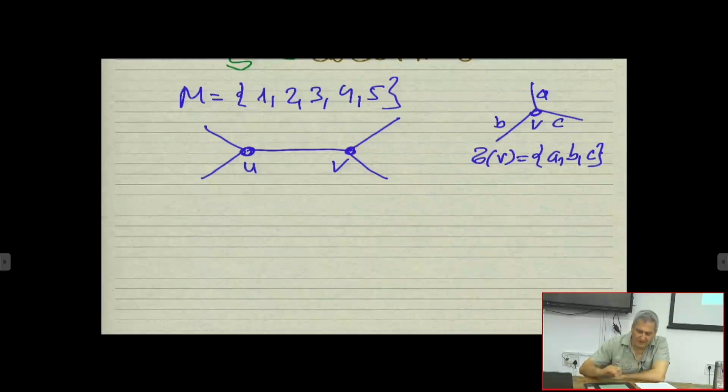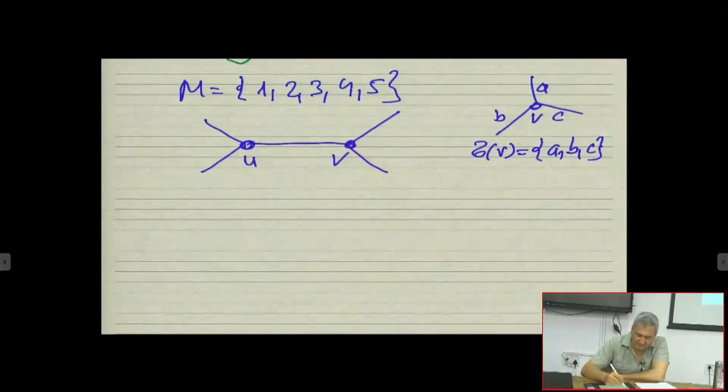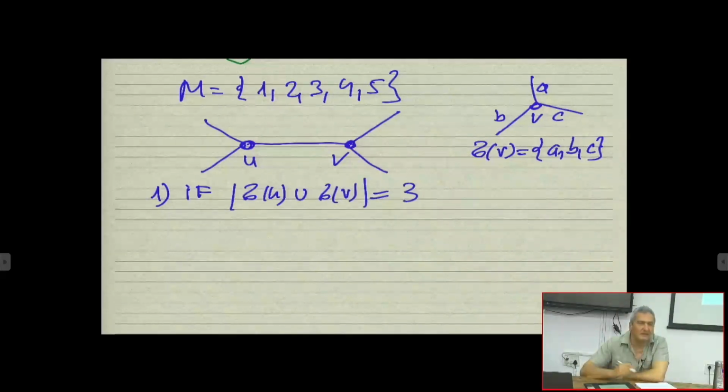So if sigma of U union sigma of V is 3, so we have the same three colors at U and the same three colors at V. For example, it can be like this. 1, 2, 3, 2.